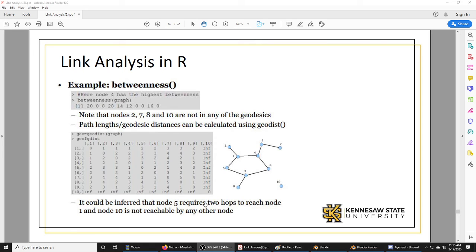So it takes 2 jumps to get to node 1, takes 3 jumps to get to node 3, and node 10 is not reachable by any other node. That's why the distance is infinite.